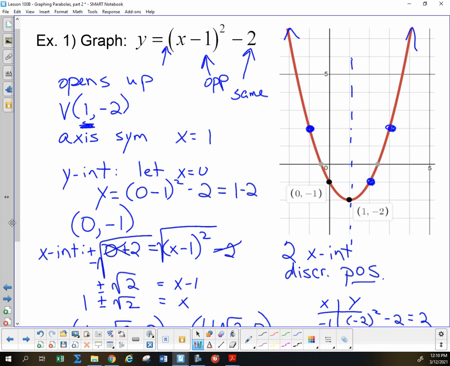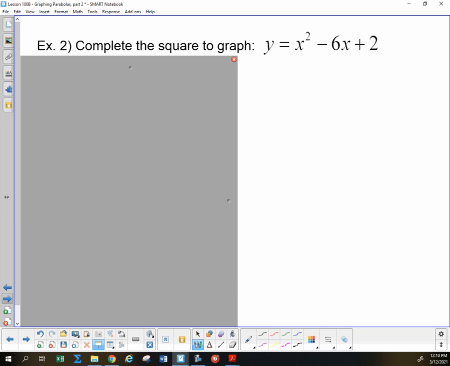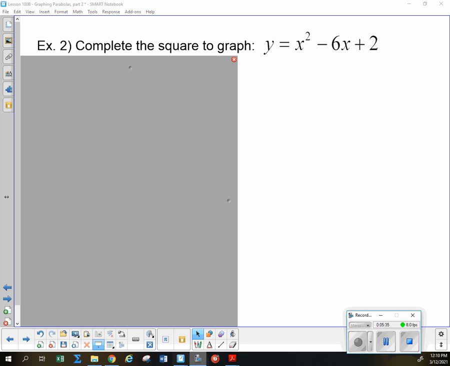So now that we've reviewed that, let's continue on with a new one. Now this time we need to complete the square in order to graph this parabola. So when we want to complete the square, it's very much what we've done before when we've completed the square to solve equations.